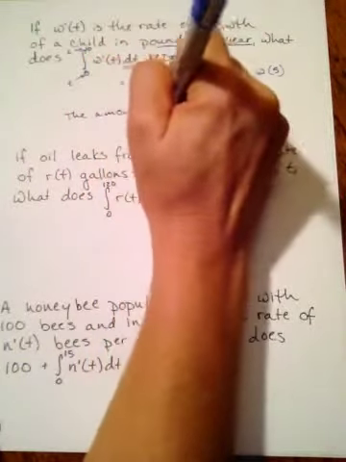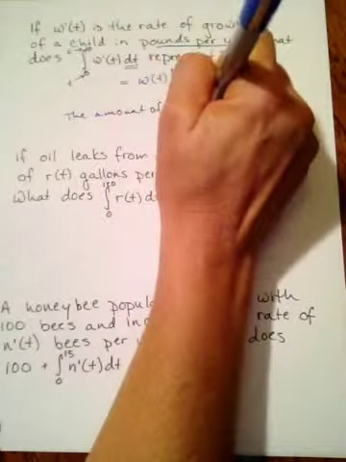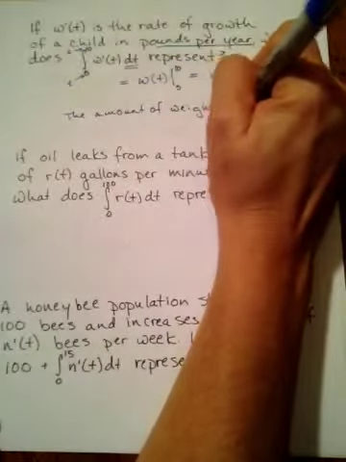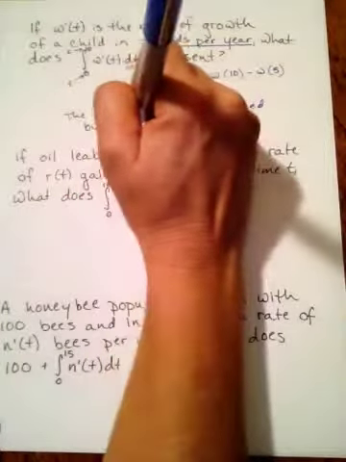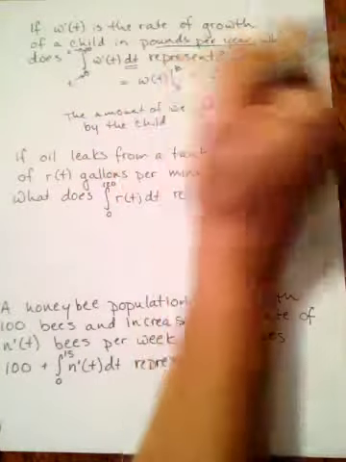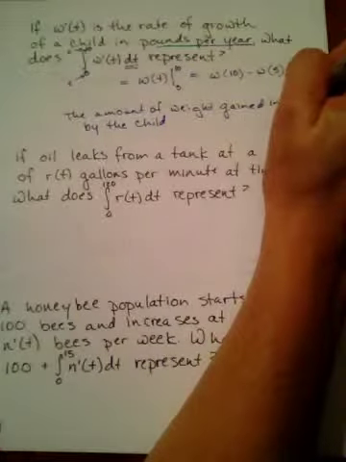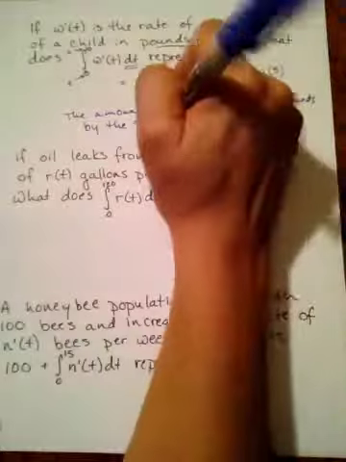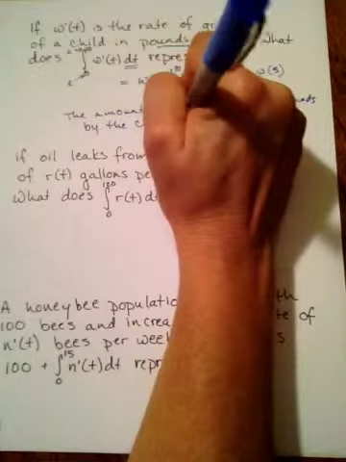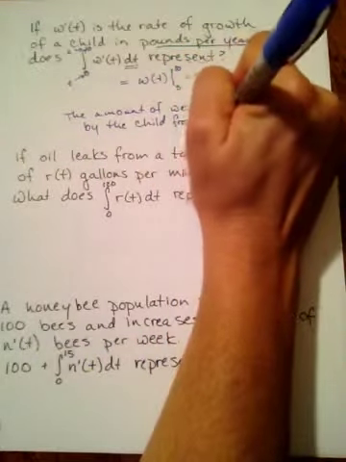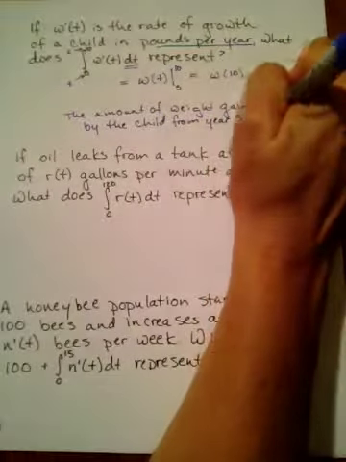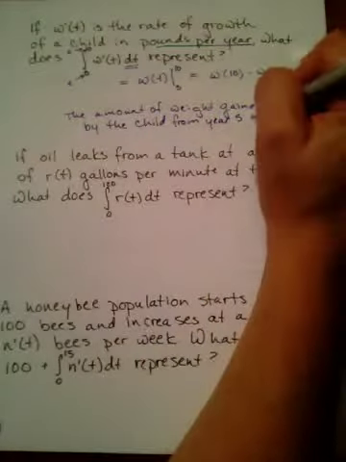of weight gained by the child, and I should say gained in pounds, from year 5 to year 10, or from when he was 5 years old to when he was 10 years old.